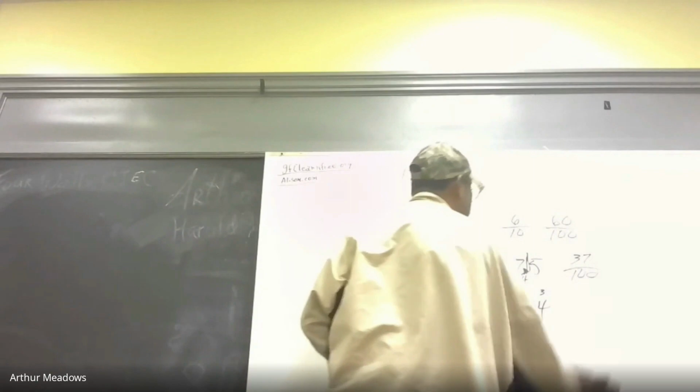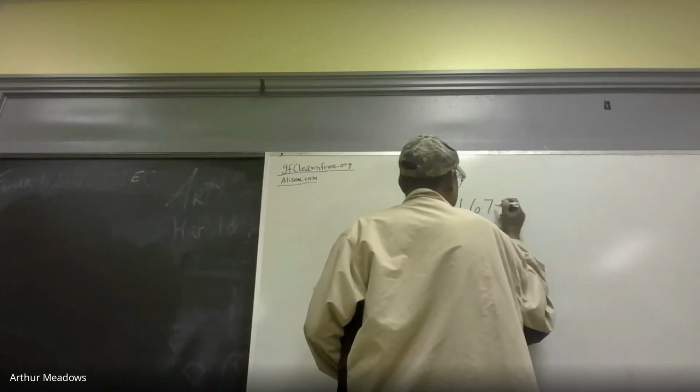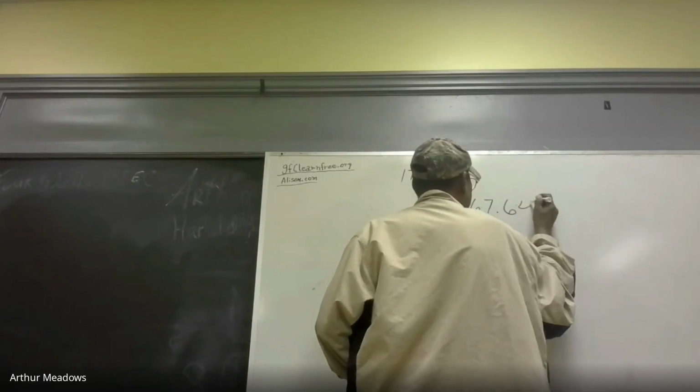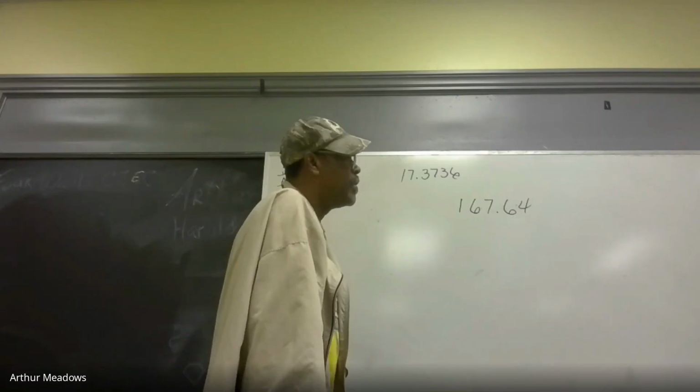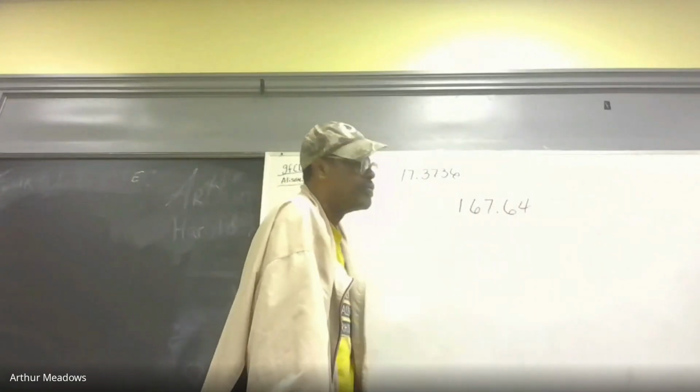So if you put 167.64 on the board right now, and you round it to the nearest hundredth, it's already in hundredths. But we rounded it to 167.60, and that was the answer.